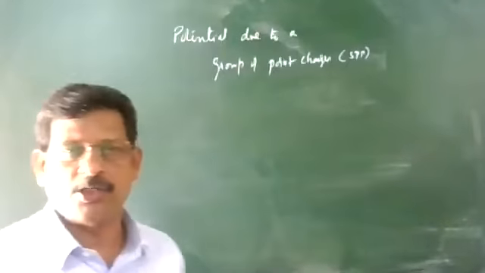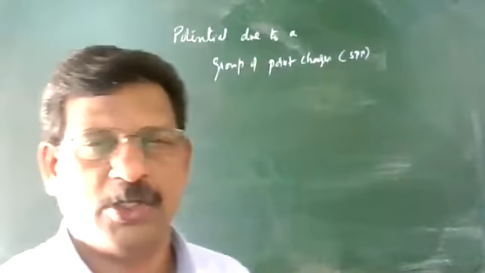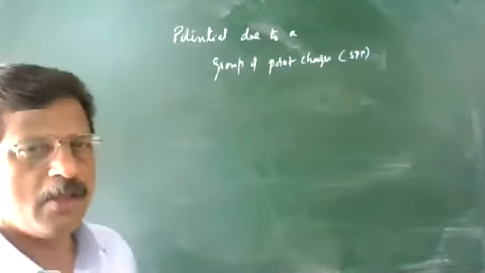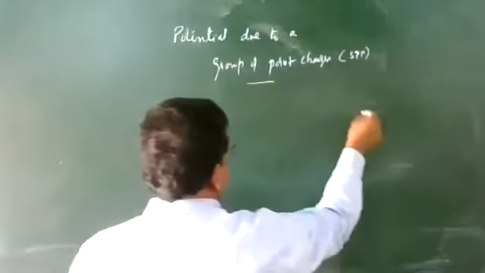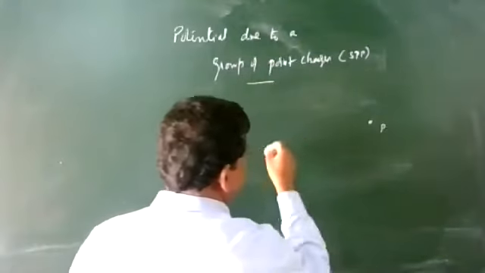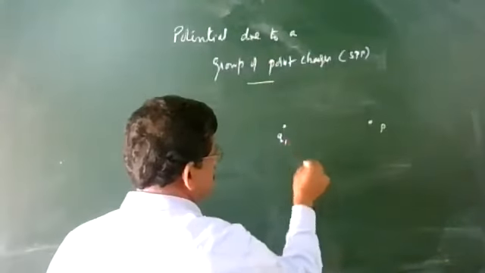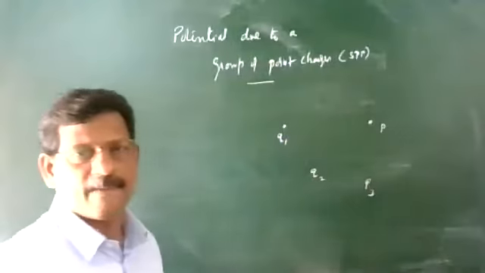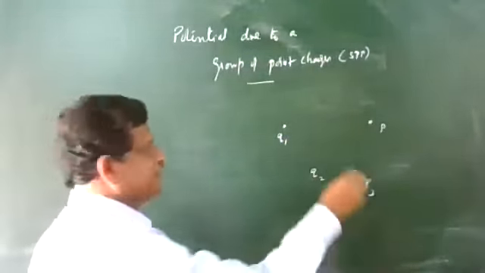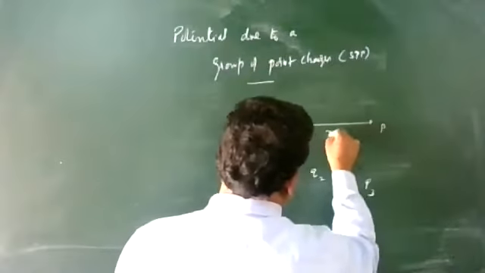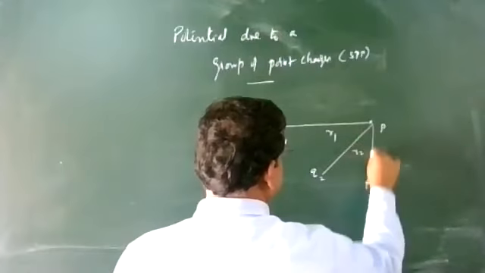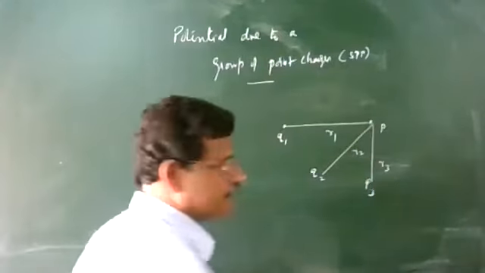So remember, potential at a point due to positive charge is positive, due to negative charge is negative. You have to find out total potential at point P by a group of point charges, say Q1, Q2, Q3, etc. Q1 is at a distance R1 from the point, Q2 is at a distance R2, and Q3 is at a distance R3.